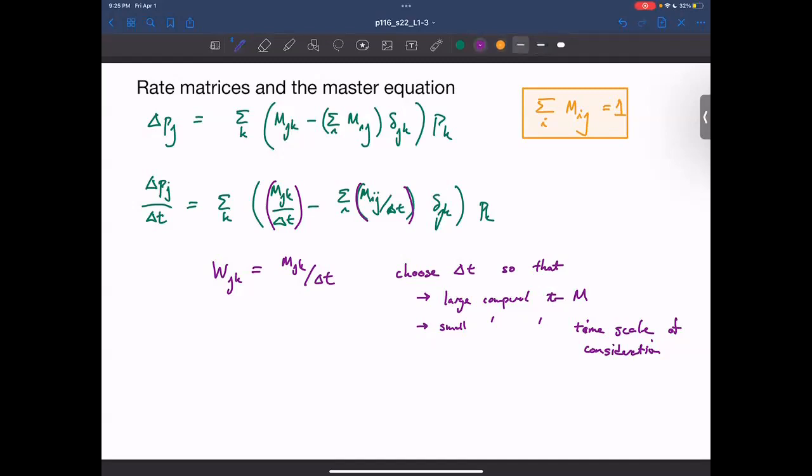So just to be a little more pedantic here, rates are quantities per second, per time.